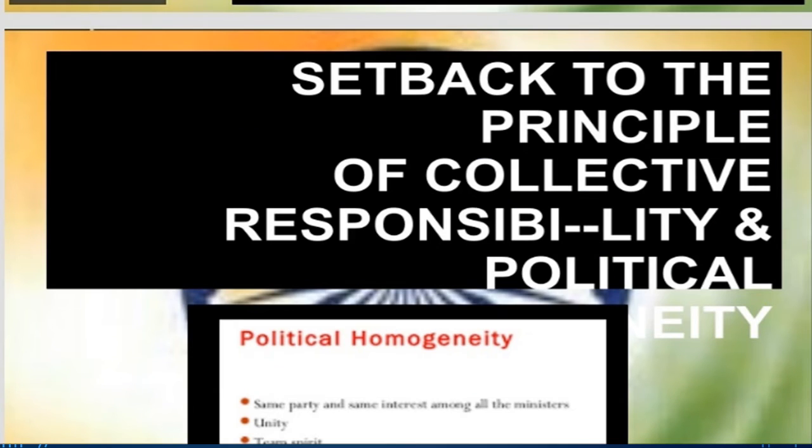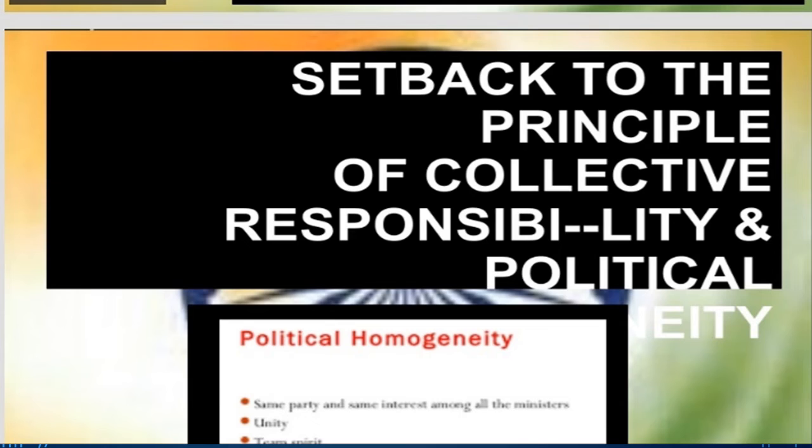Next came a setback to the principle of collective responsibility in political society. There is a problem that in India, of course, a parliamentary form of government is there, but collective responsibility is declining. Why? Because no clear majority is given to any political party, and when no clear majority is given or taken by the political parties, there is a setback to the principle of collective responsibility.